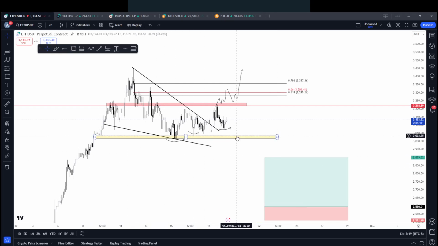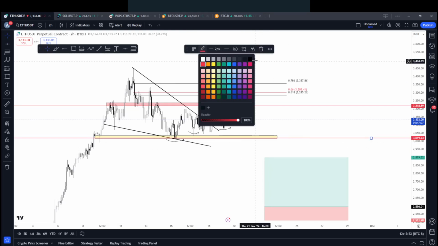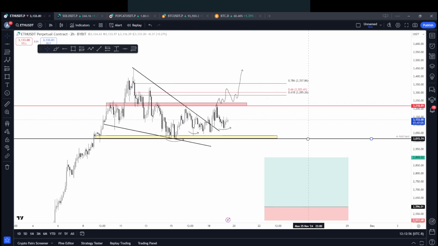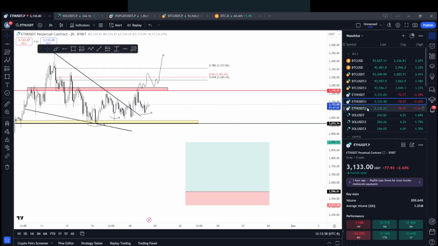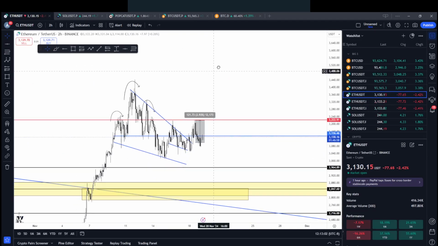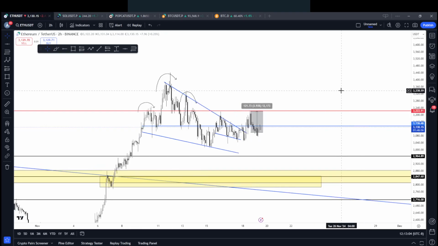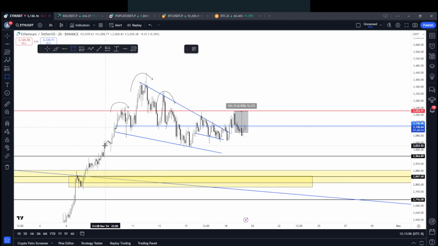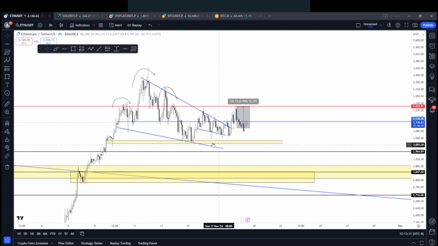If we get back down to the 3K level, and the levels I mentioned in my video were this, right? So that 3K level here is a good entry if you haven't got in from my 30.